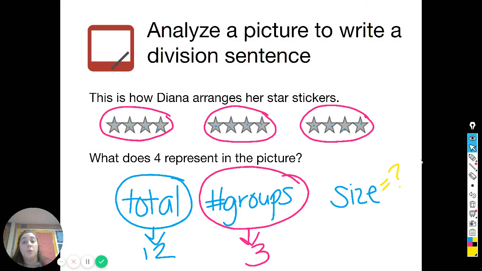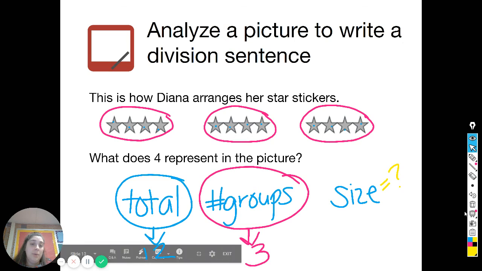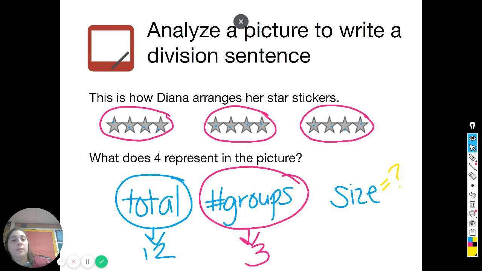The next question is, what does the 4 represent in the picture? Well, there's 1, 2, 3, 4 stars in that group. If we did division correctly, all of the groups should have the same size. 1, 2, 3, 4. 1, 2, 3, 4. Well, what does the 4 represent?